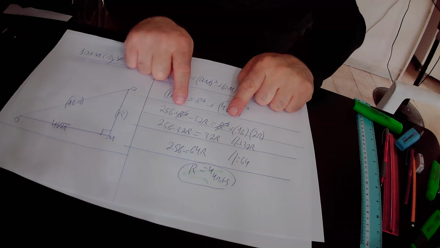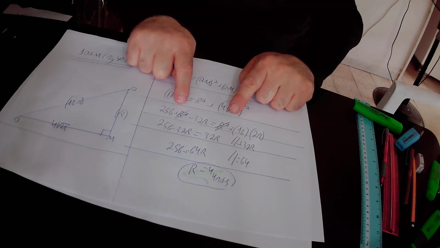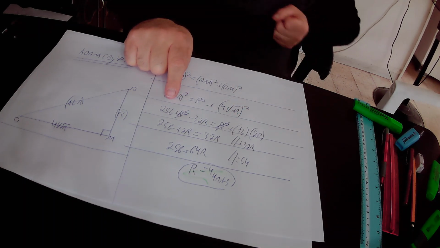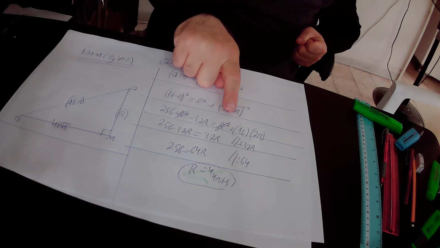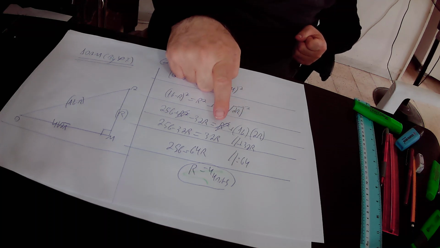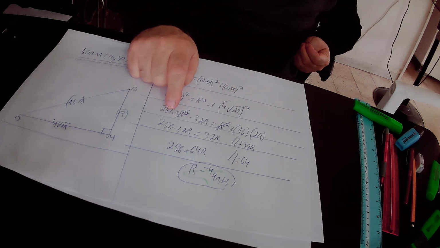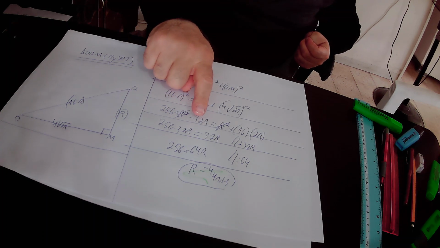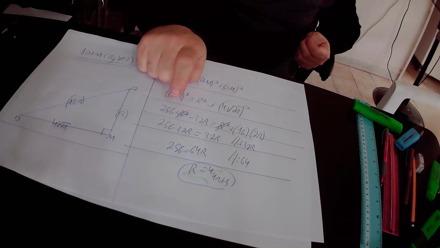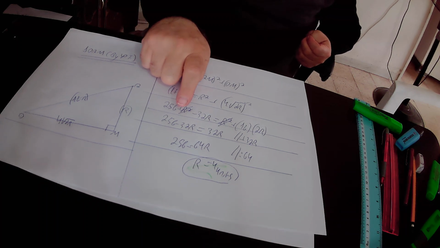Here we have R square on both sides of the equation, so R square will cancel. On one side we are left with 256 minus 32R, and on the other side we have only 16 times 2R, that is 32R. So 256 minus 32R equals 32R. Adding 32R to both sides, we get 256 equals 64R.